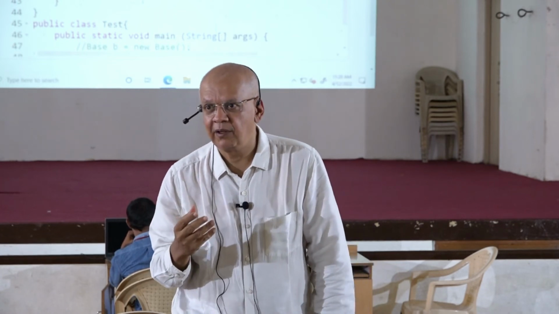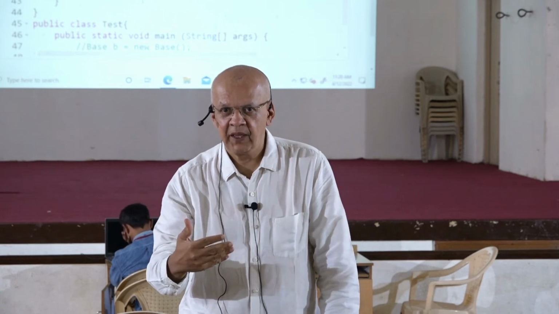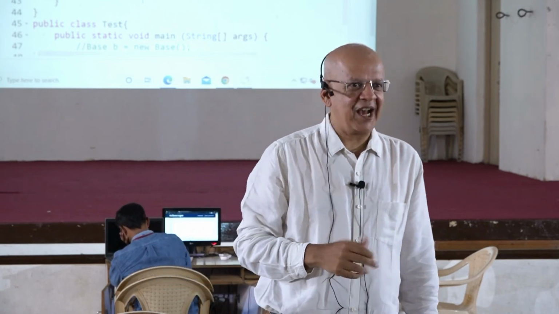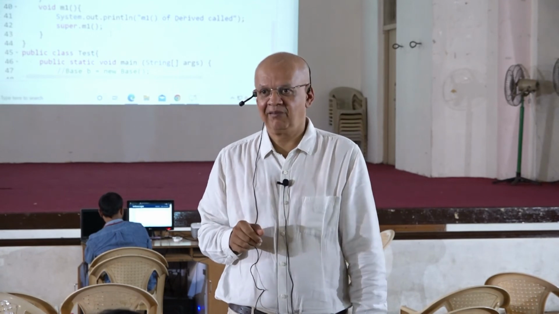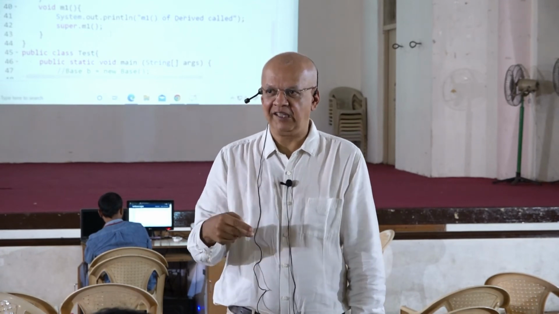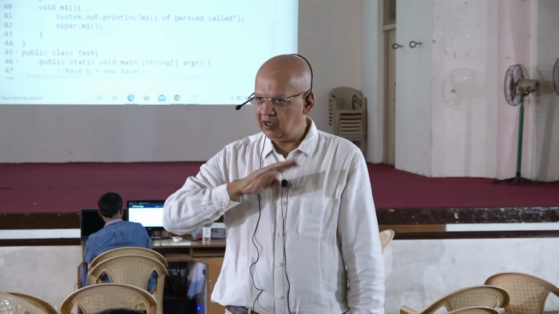Are you with me? Now, in Java, there is a very roundabout way of doing it. We'll discover that soon. But in C++, it's more straightforward. I say A double colon M1. Done.